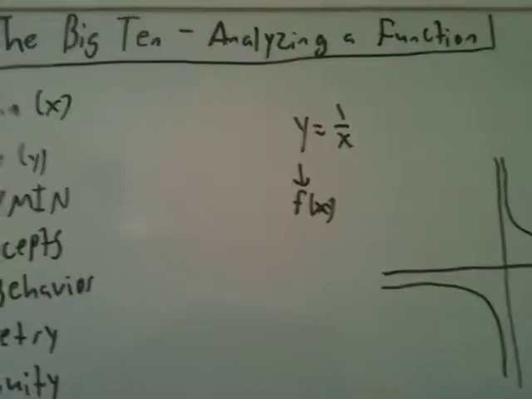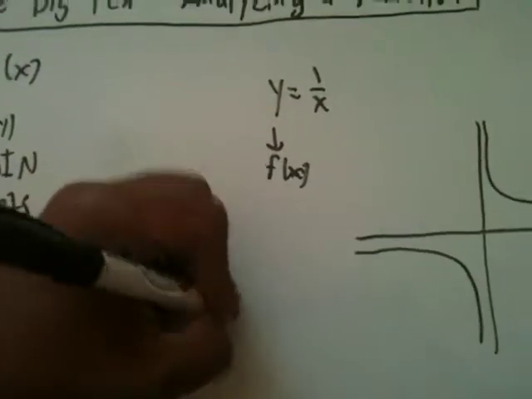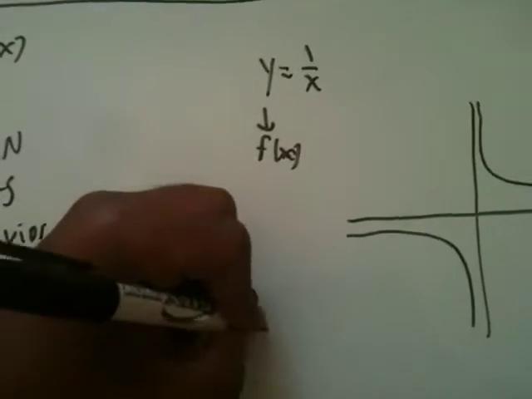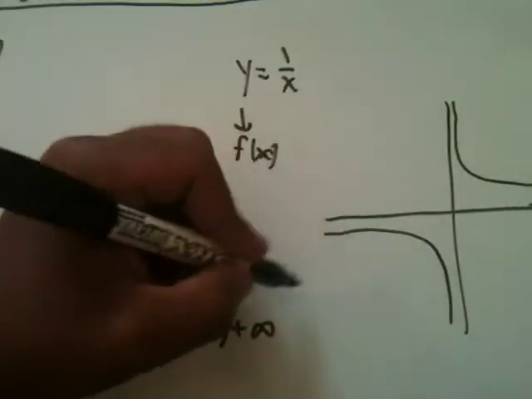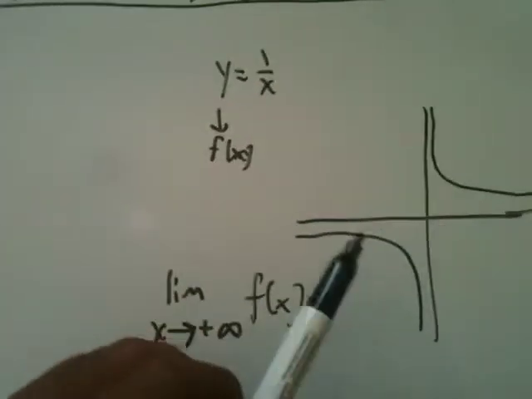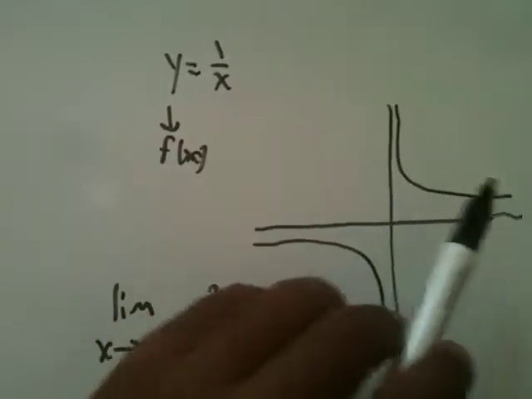So, to express end behavior, what we do is we say that the limit as x approaches positive infinity in this case, of f of x is equal to, well, what is the value of the function approaching as x gets larger and larger?